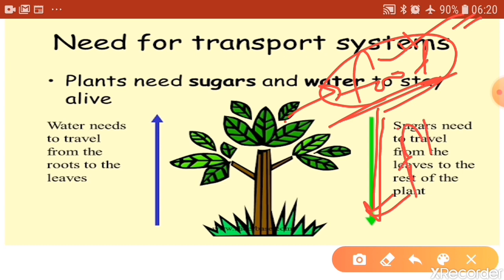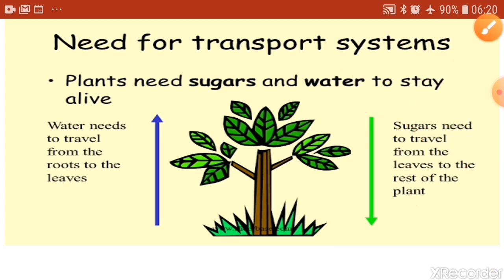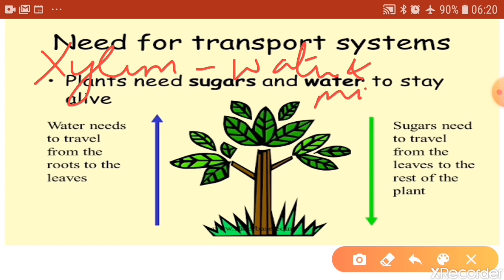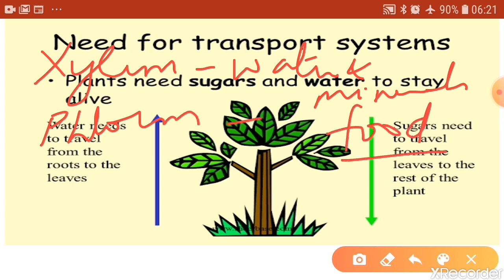So in plants, the xylem transports water and minerals, and the phloem transports food or the organic solutes.